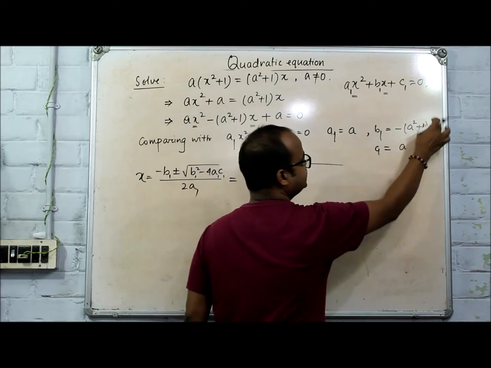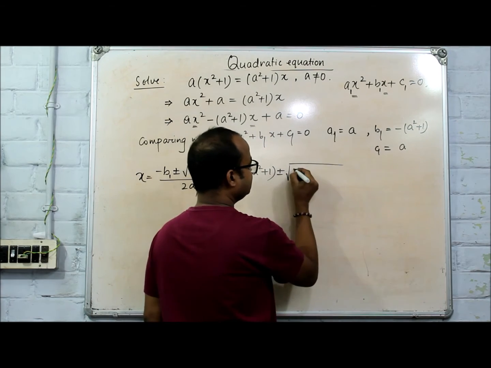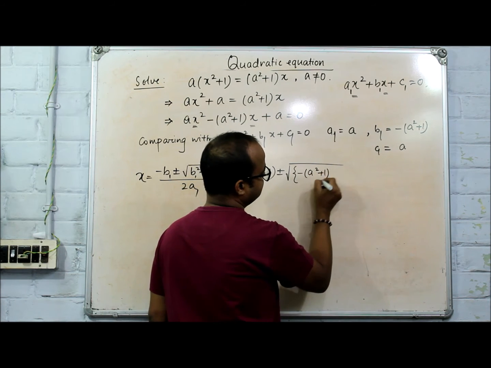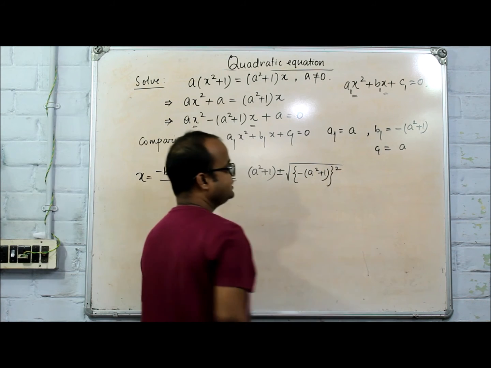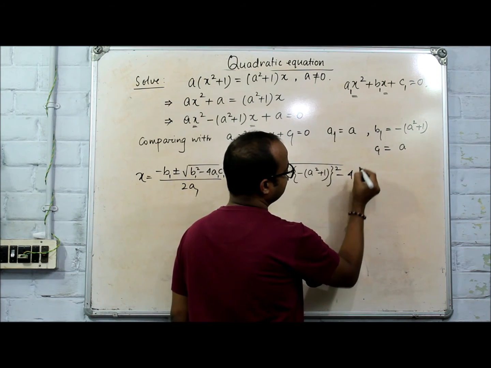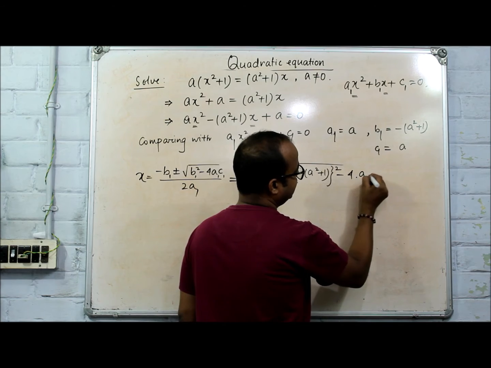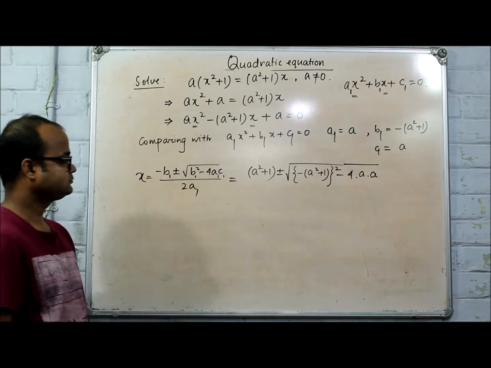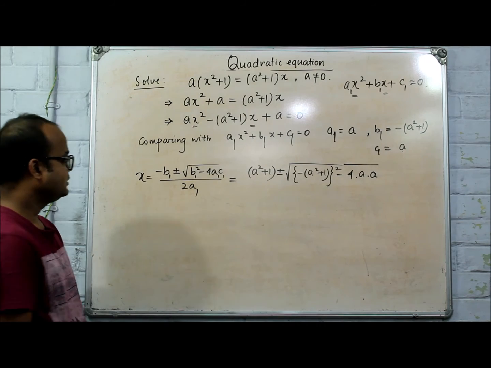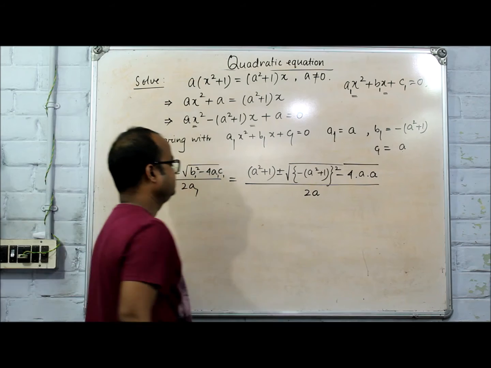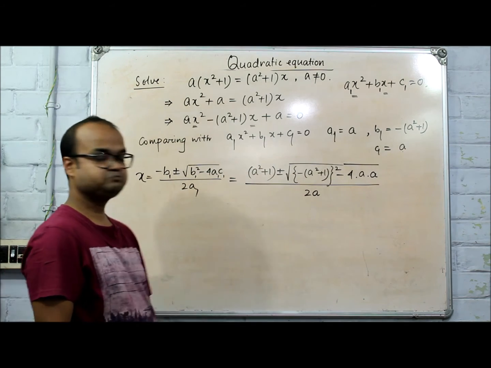That means this term is squared. So we write minus of a square plus 1 whole square, minus 4 into a into c, divided by 2a, because a1 is equal to a.